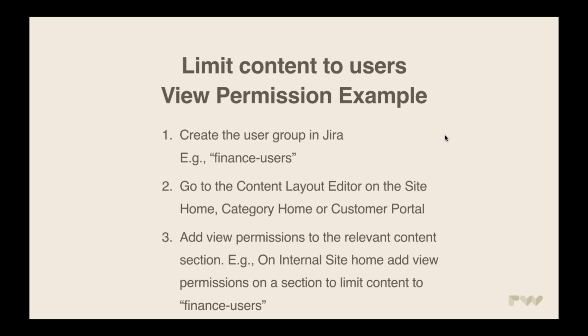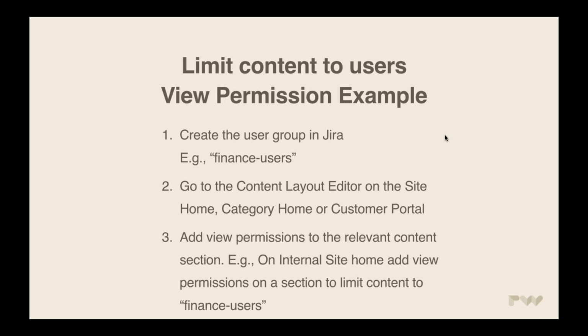Another example that I want to give you with view permissions is how you could limit content on a site, a category, or a customer portal to users. This is a similar process to what I just went through. You create the user group in Jira, for example finance users.